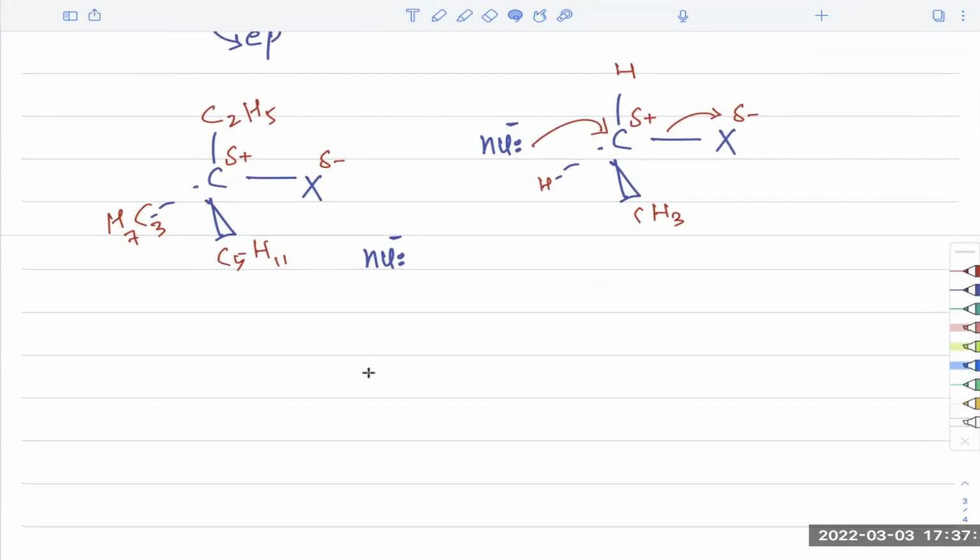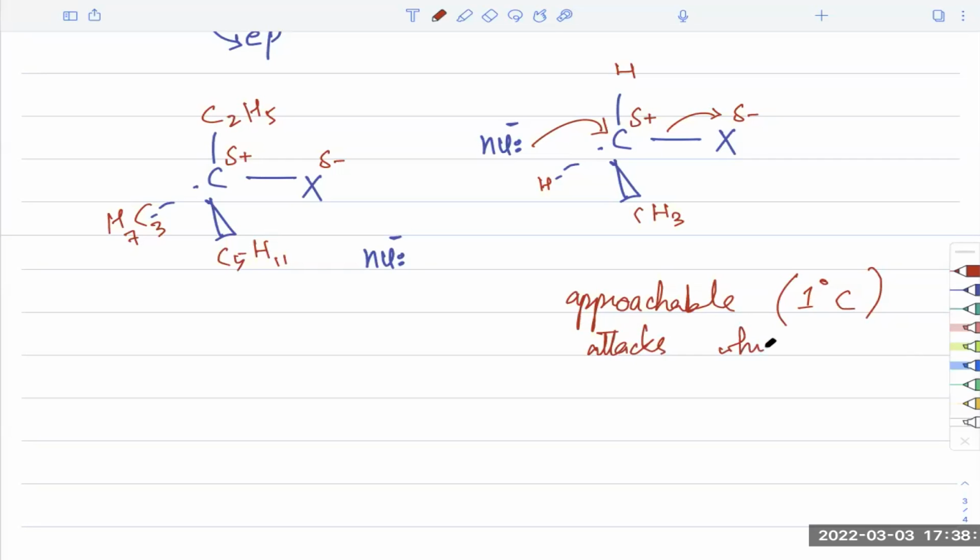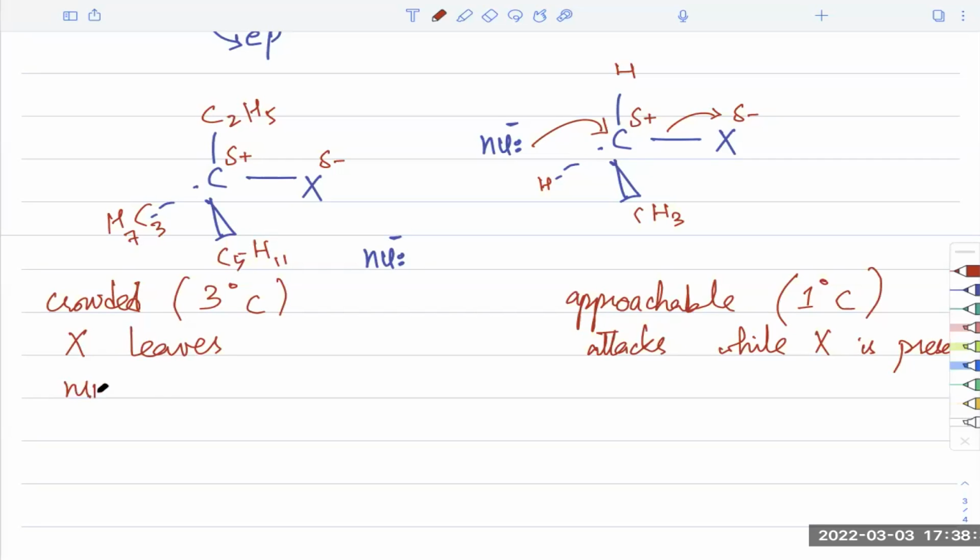So two ideas. One, if the carbon is approachable. What are approachable carbons? Primary carbons. If they're approachable, then the nucleophile attacks while X is still there. But if it is not approachable, if it is crowded, and when is it crowded? When it is a tertiary carbon, there are so many other carbons around it, it's not able to approach, so it waits for X to leave. First X has to leave, then the nucleophile attacks.